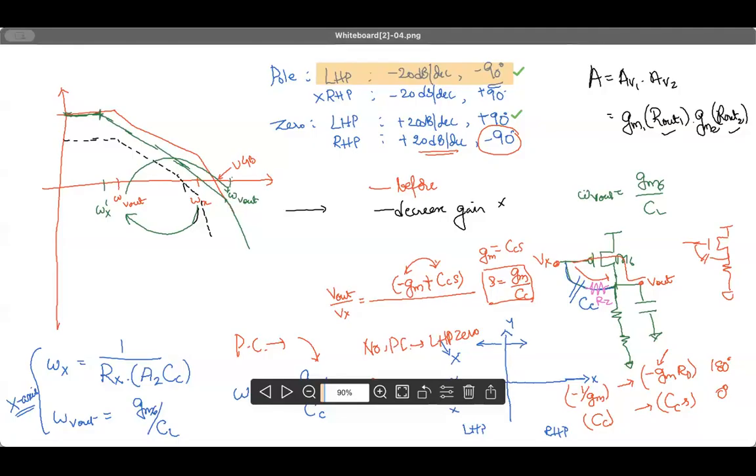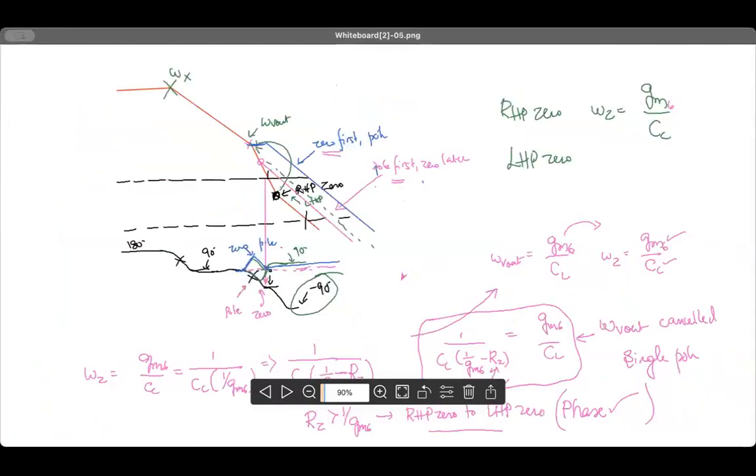Now, because the phase is 90 degree, what's going to happen is, you see, effectively there is the first pole and the second pole. Just around that, you could have a zero. There is a second pole, and post that there could be a zero that we introduced. Let's say the black one, the right half plane zero, was initially there.